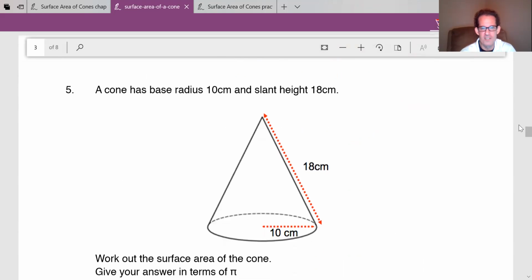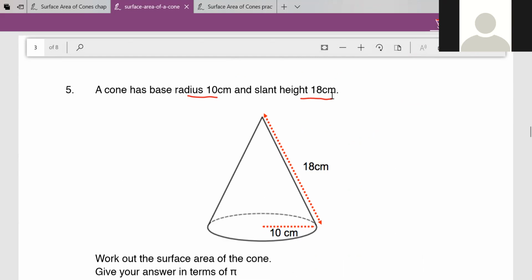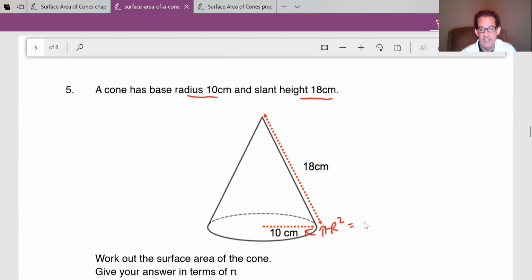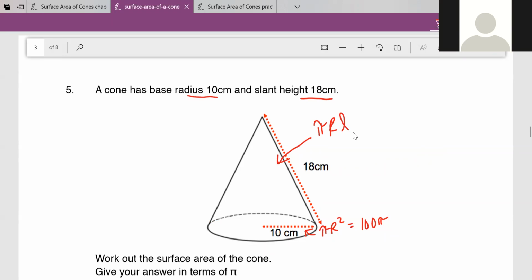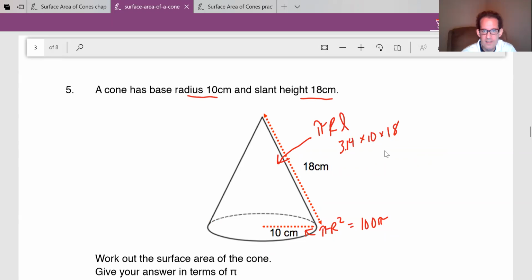Let's see what number 5 says. So it says the radius is 10 and the slant height is 18. That's all you need to find the surface area of the cone. So for my base, I have pi r squared. That's 10 times 10, which is 100 pi. And then my lateral surface area is simply pi times radius times the slant. So that's 3.14 times 10 times 18, or 180 pi.